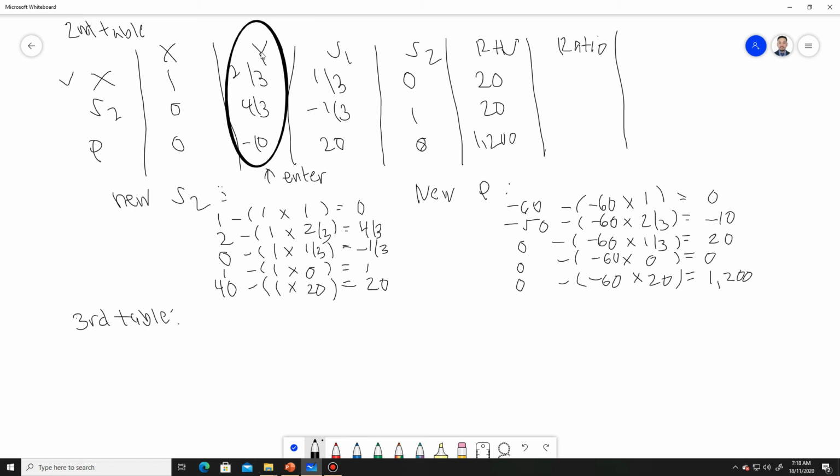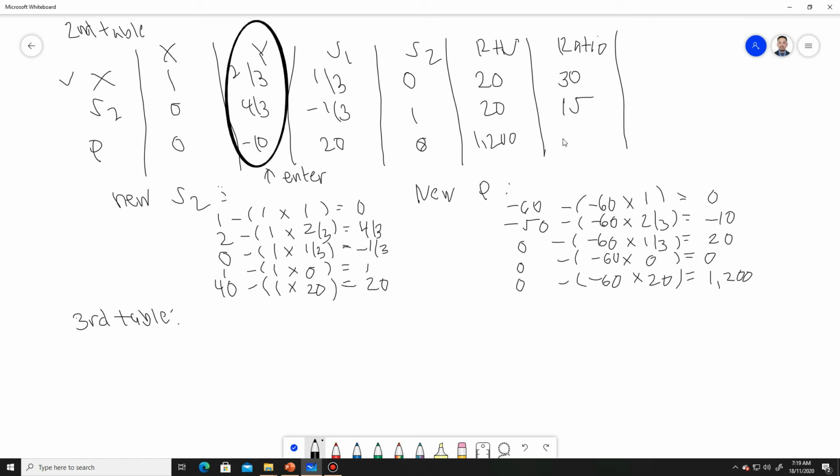And then, para mahanap yung leaving, i-compute natin yung ratio. So, RHS divided by the elements in the entering variable, di ba? So, dito, 20 divided by 2/3, we have 30. 20 divided by 4/3, we have 15.